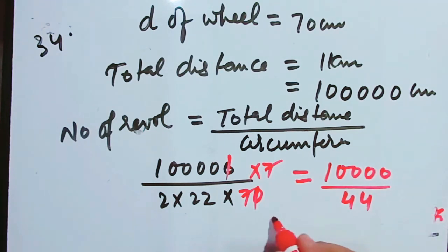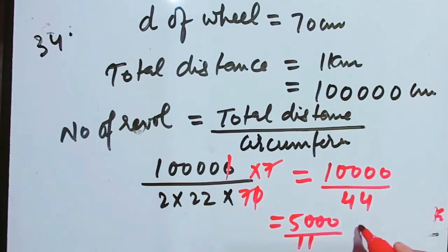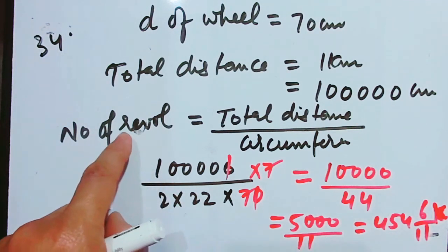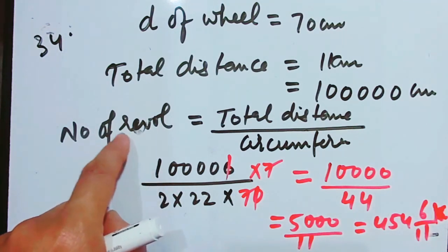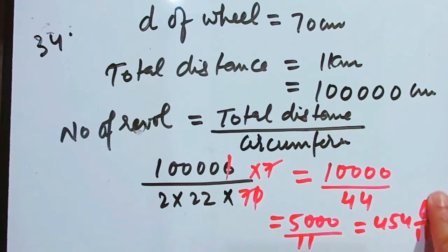So when you solve this, you will get 5,000 by 11, which will come around 4546 by 11. So this is the number of revolutions. How many revolutions will it take? 4546 by 11 revolutions.